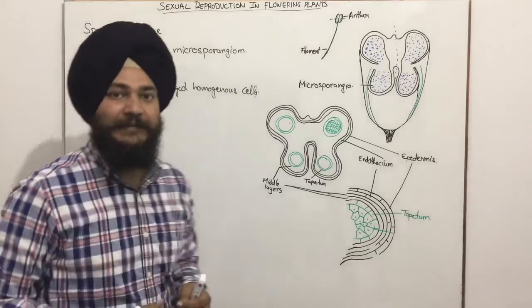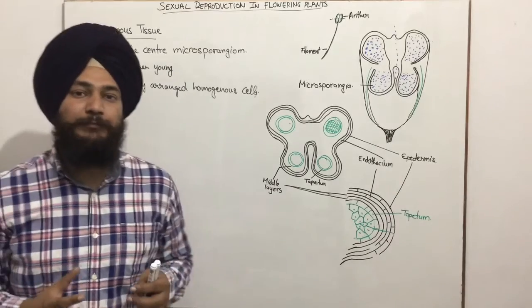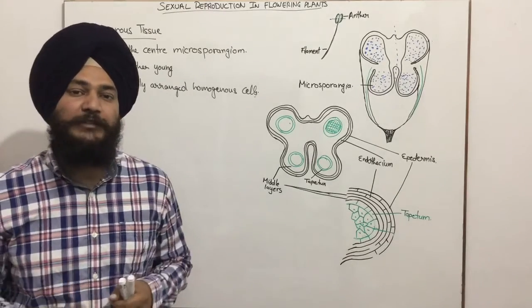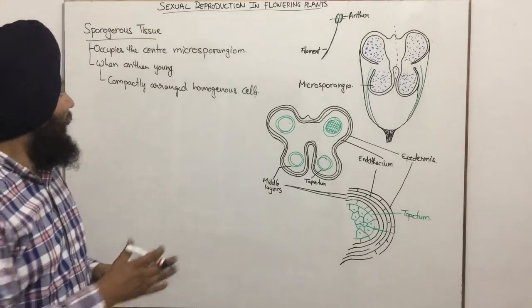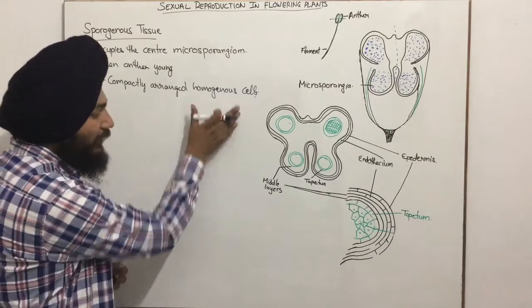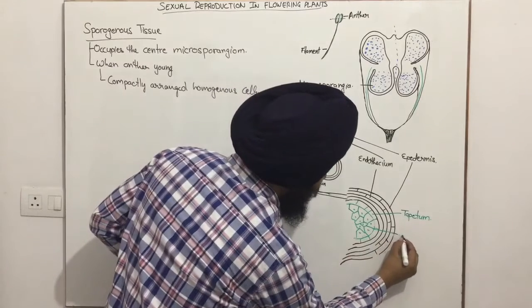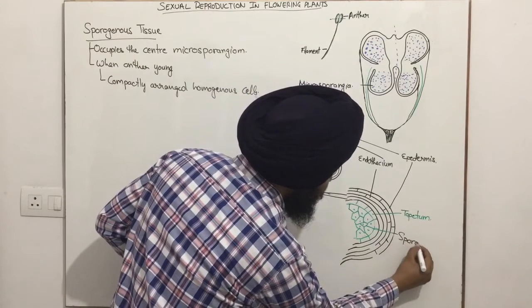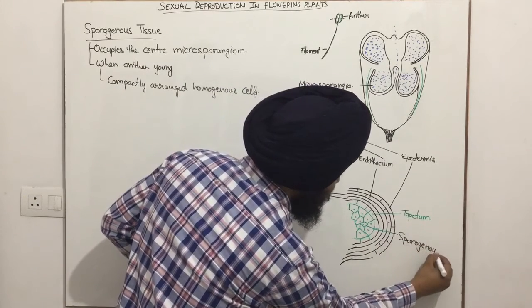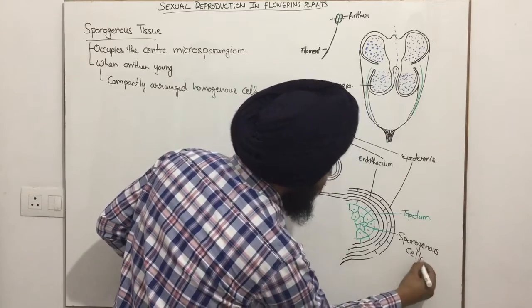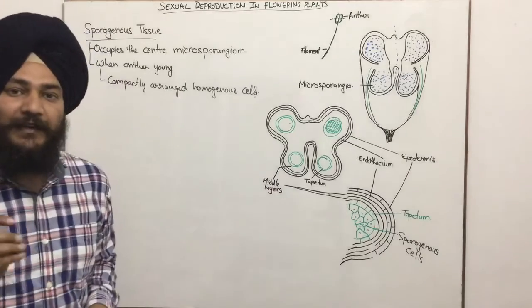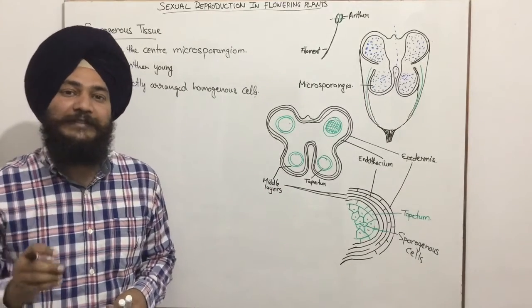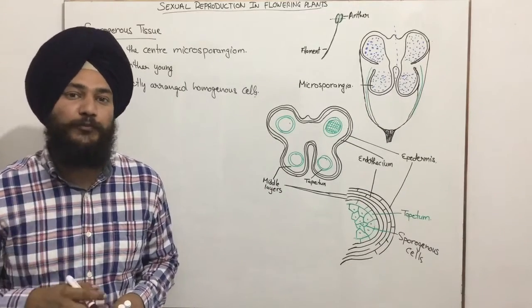So when the anther is young, the microsporangium is made up of compactly arranged homogeneous cells. And it is these cells that are also called the sporogenous cells, or we can also label it as the sporogenous tissue. It is these cells that undergo microsporogenesis to produce the microspores.